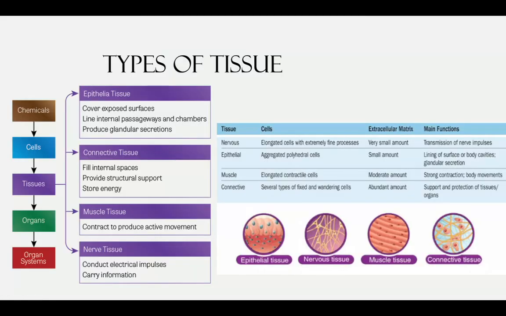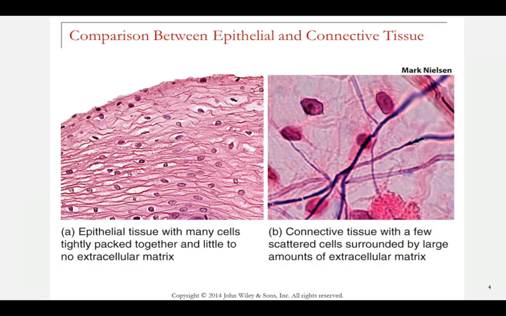So let's show an example. So here we have a comparison between epithelial and connective tissue. Okay, here, remember, epithelial tissue has little to no ECM. So what's left? A tissue is made of cells and ECM. If there's no ECM, we're just looking at cells.